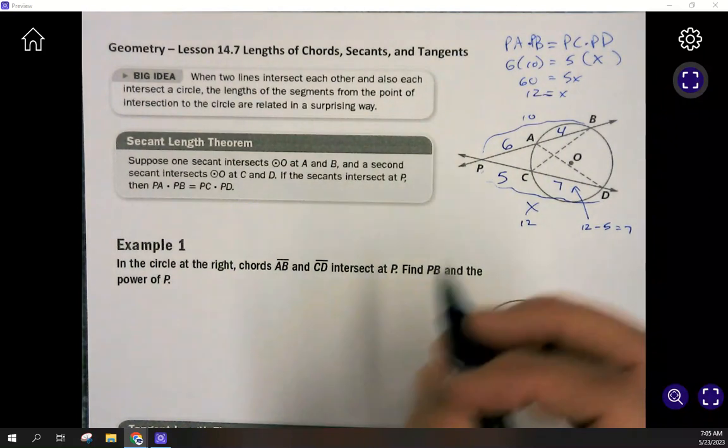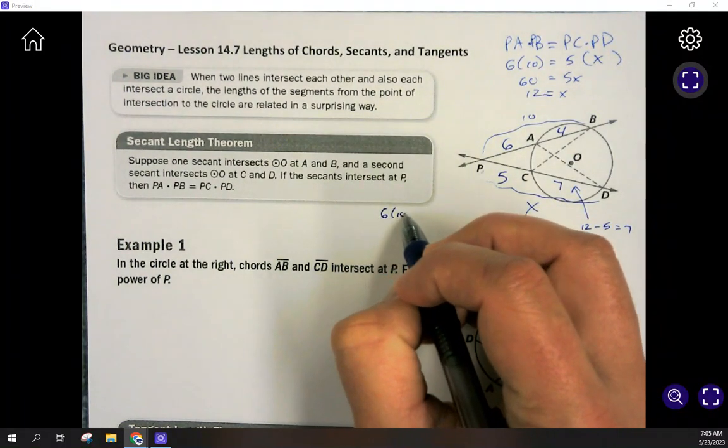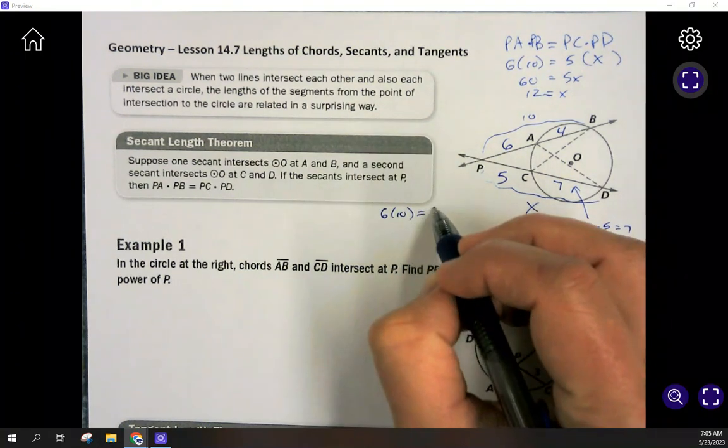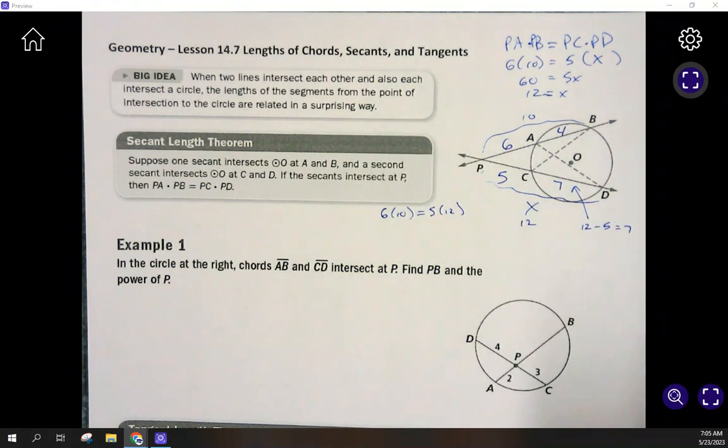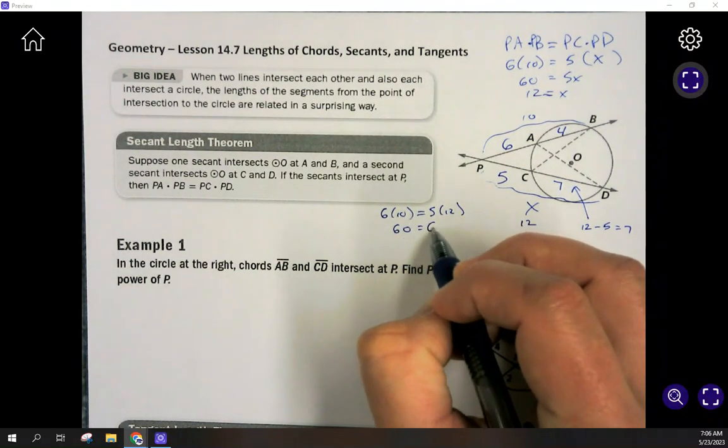Now, we're also going to see, so if I reset this up, it was 6 times 10, and it's equal to 5 times 12. So both of those relationships, when I multiply, give me 60.